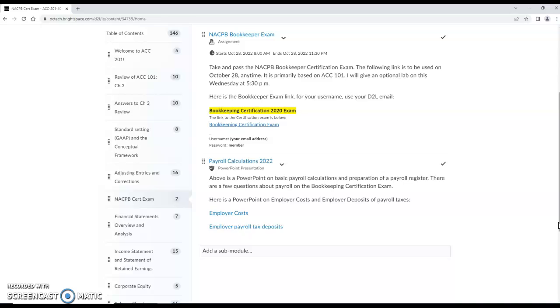Now, one type of question that I noticed when I took their practice exam was on trade discounts. They didn't have any questions on cash discounts, which is what we learned how to do, especially in Accounting 240.